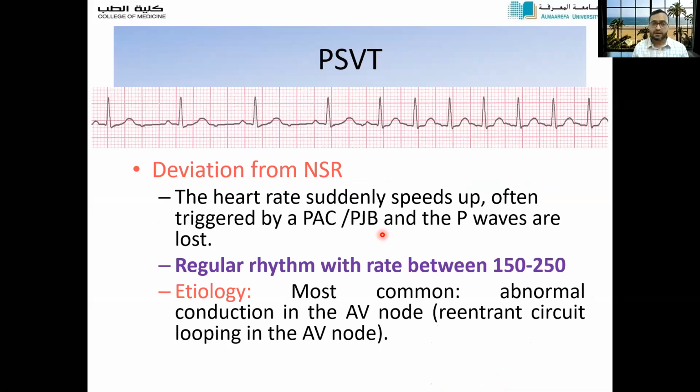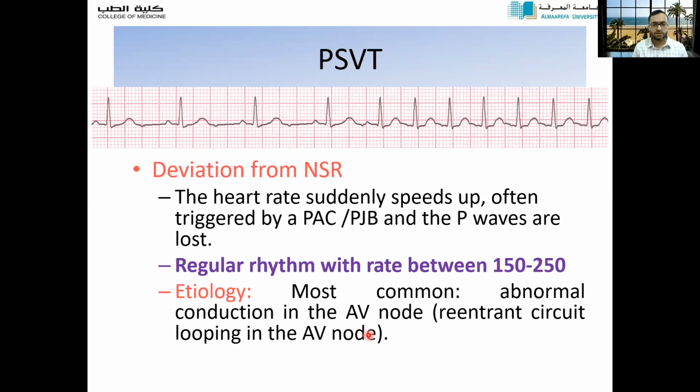And here you can see initially the ECG was normal and suddenly, paroxysmally, the tachycardia started. Initially the P wave was appearing here, then the P wave disappeared. So the beats are originating somewhere else in the atrium. P waves are lost.